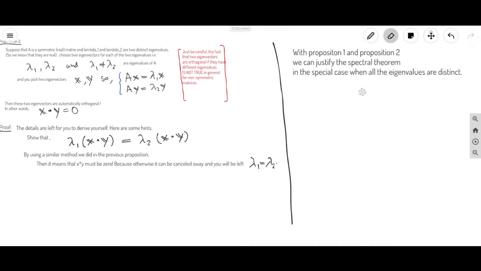So I want to give you a justification of the spectral theorem, and that's going to be the special case. Basically, we have a symmetric matrix A, and let's label its eigenvalues from lambda 1 to lambda n.